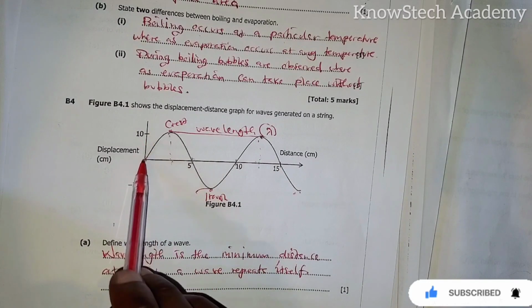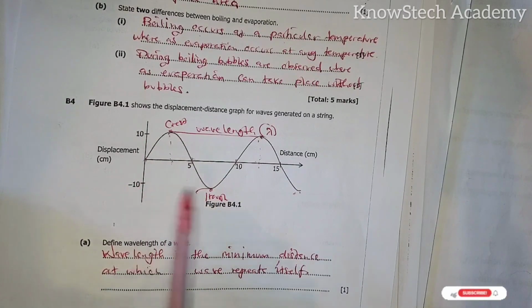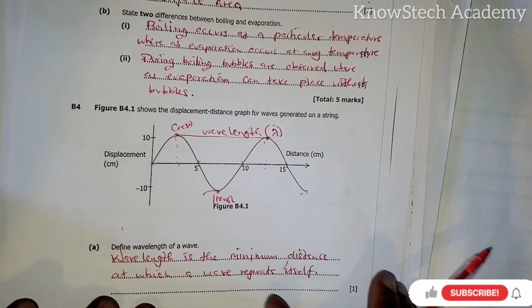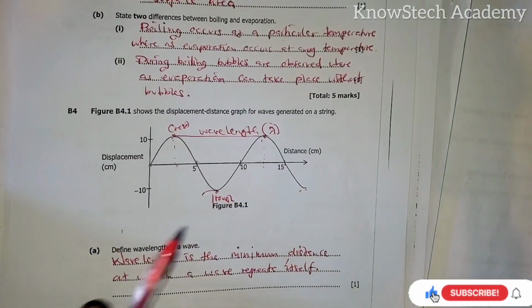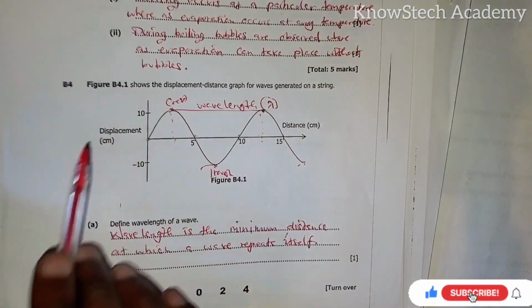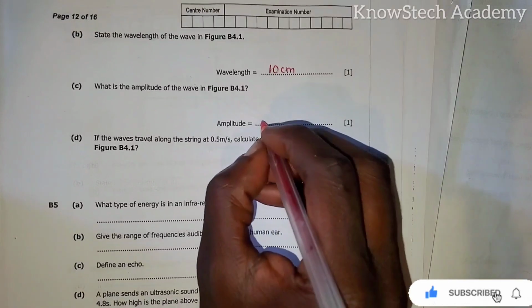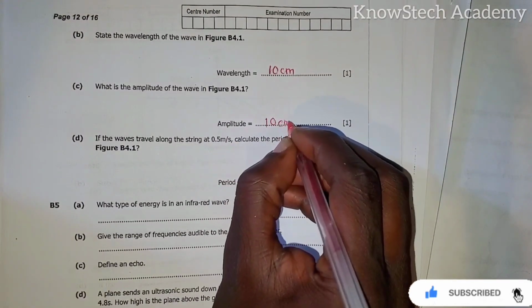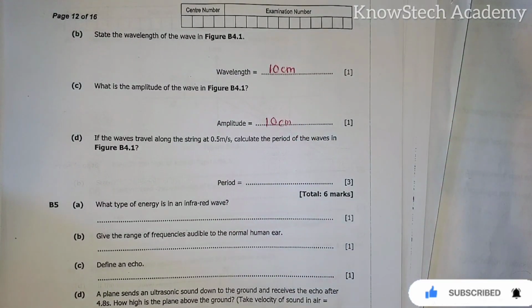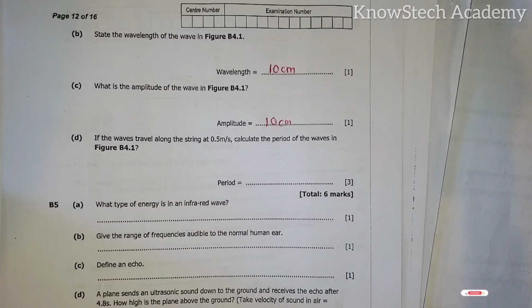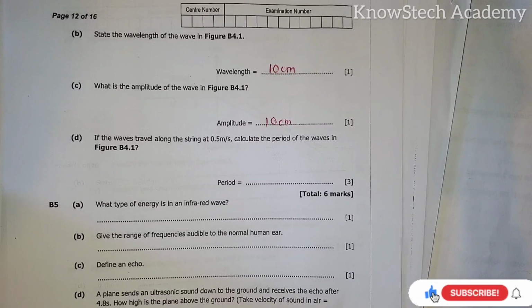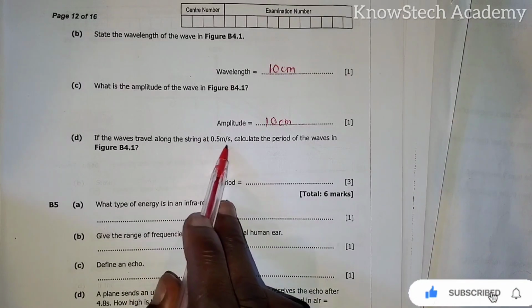So this is 10, this is also 10. We get the positive value, so we say 10, the unit is centimeters. So even here, 10 centimeters.